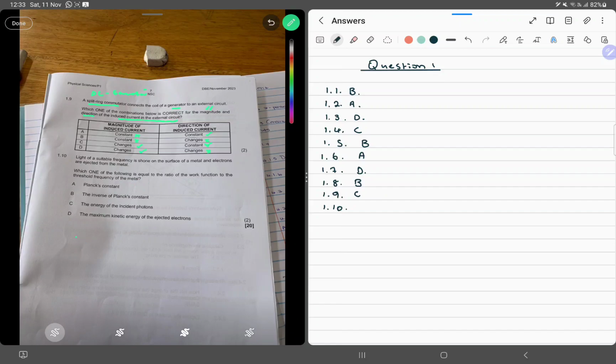This one you can just say work function divided by threshold frequency. Work function is Planck's constant times threshold frequency. We're dividing by threshold frequency, so these two cancel, and we remain with Planck's constant.